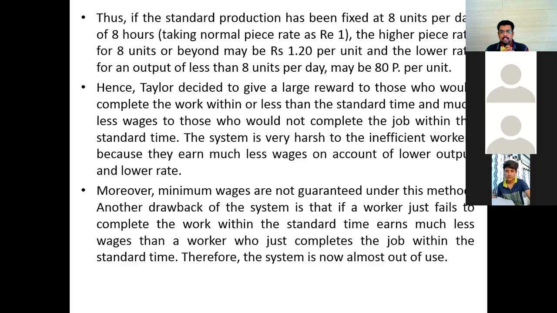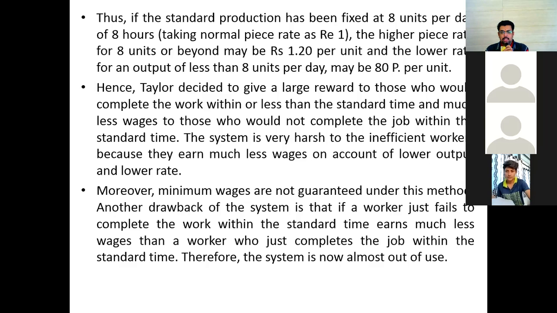Hence, Taylor decided to give a large reward to those who would complete the work within or less than the standard time, and much lower wages to those who would not complete the job within the standard time. The system is very harsh to inefficient workers because they earn much less wages on account of lower output and lower rate.